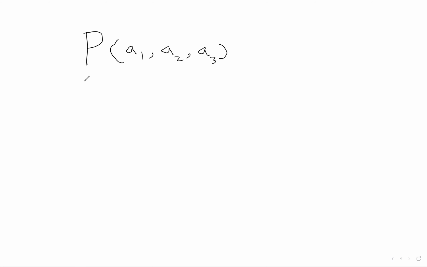And another point in the plane consists of B1, B2, and B3. In an actual example, these A1, A2, A3, and B1, B2, B3 are given numbers. These coordinates could be positive, negative, or zero real numbers. Okay, now suppose I want to find the vector from P to Q.